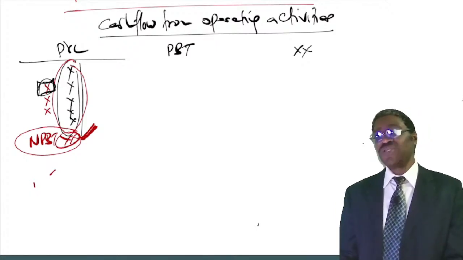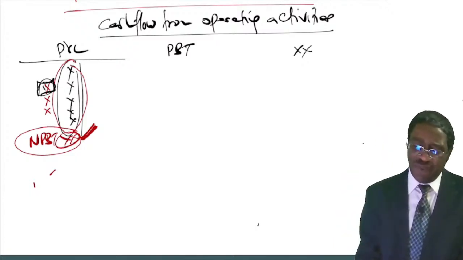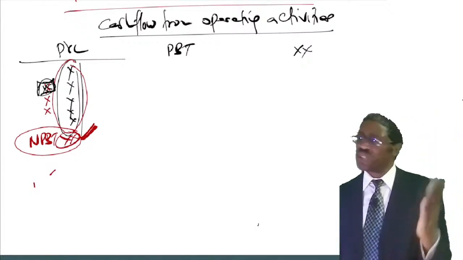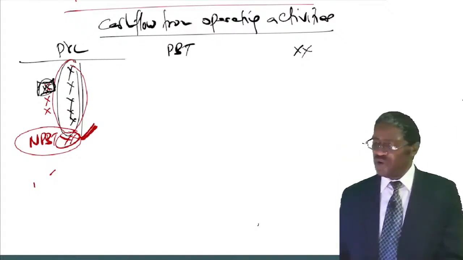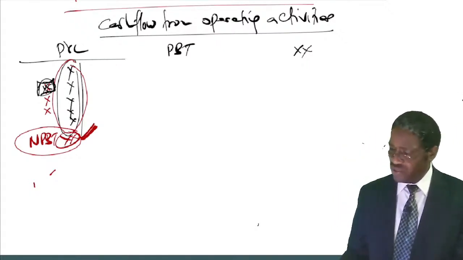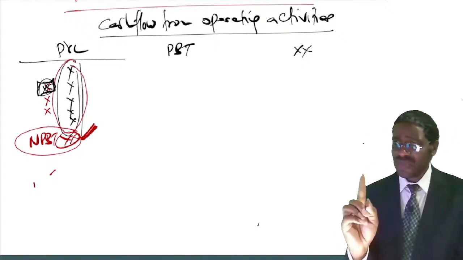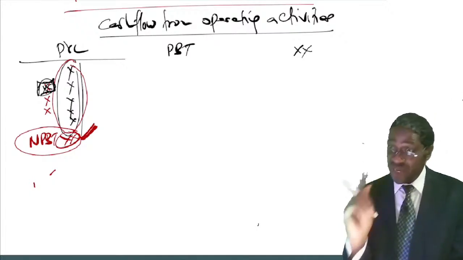Somebody? Good. Somebody has given me one. Depreciation. Correct. When we normally debit the P&L account with the charge for the year for depreciation, we are saying that depreciation did not affect cash flows.